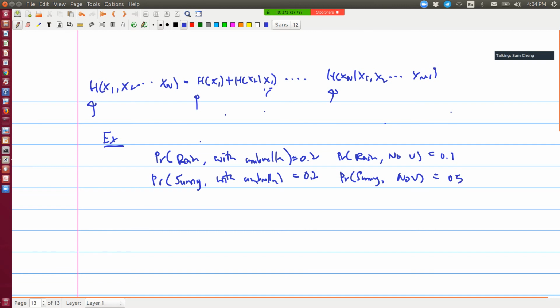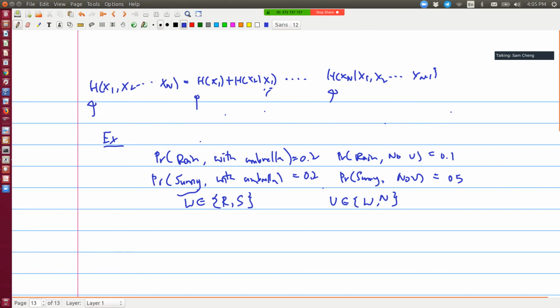Then let's say this is the variable W, the weather, whether it's rain or sunny. You can take values either rain or sunny, and then I have whether I bring umbrella, which will be with umbrella or no umbrella.